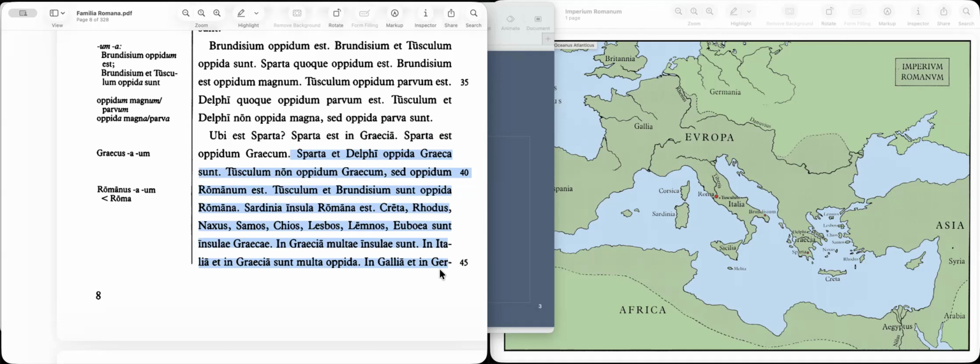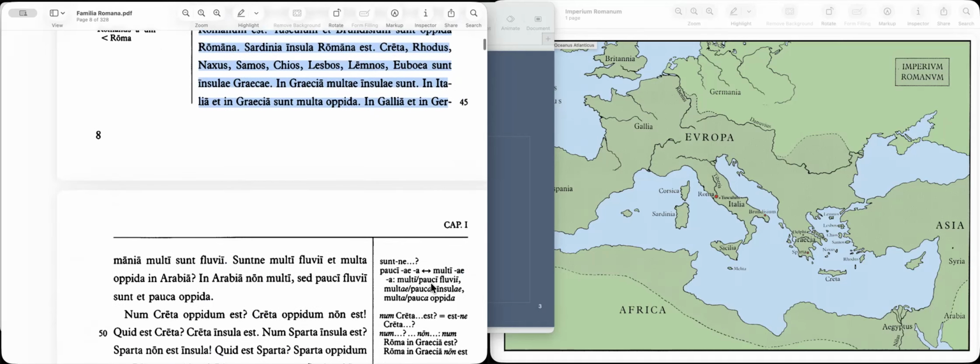In Italia et in Graecia sunt multa oppida. In Gallia et in Germania multi sunt fluvii. Sunt ne multi fluvii et multa oppida in Arabia? In Arabia non multi sed pauci fluvii sunt et pauca oppida.